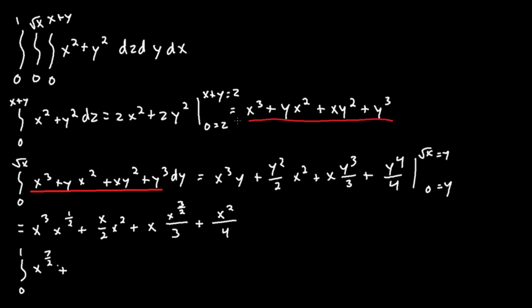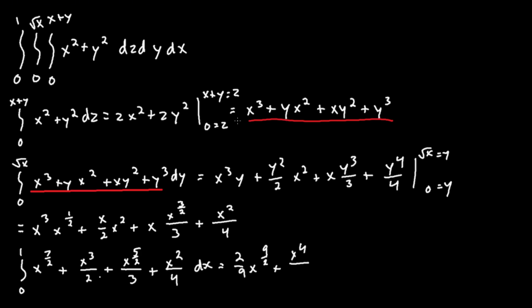So 3 plus 1/2 is 7 over 2. And again, we add the exponents together, so you get x to the power of 3 over 2, plus x to the power of 5 over 2 over 3, plus x to the power of 2 over 4, dx. We integrate everything, and then we get 2 over 9, x to the power of 9 over 2, using power rule for basically everything.